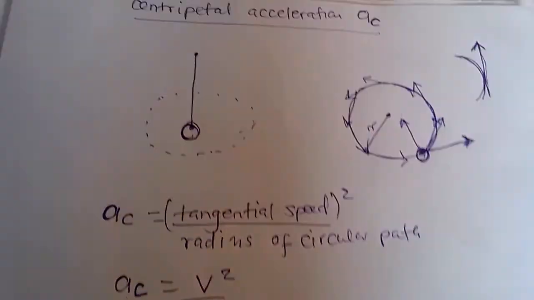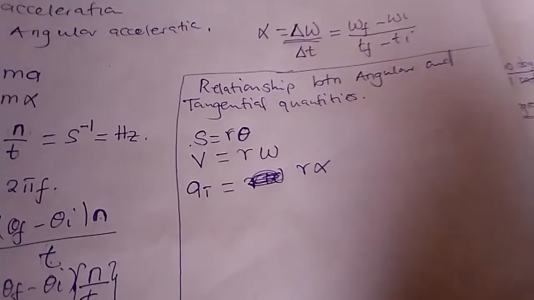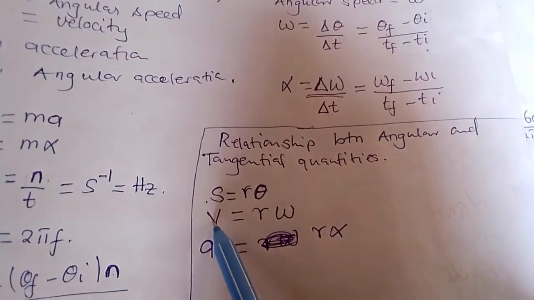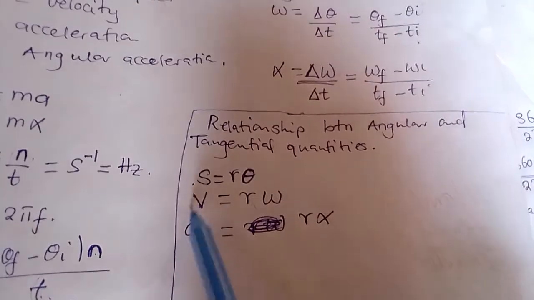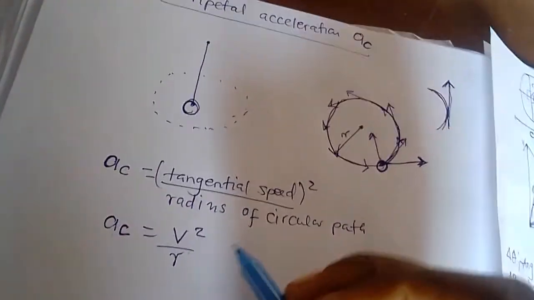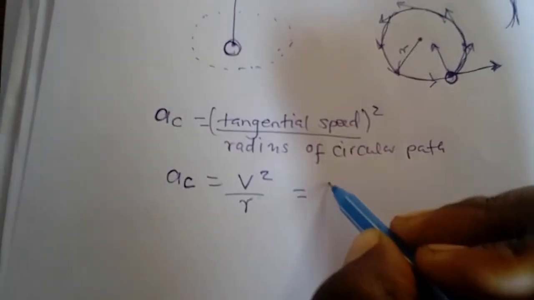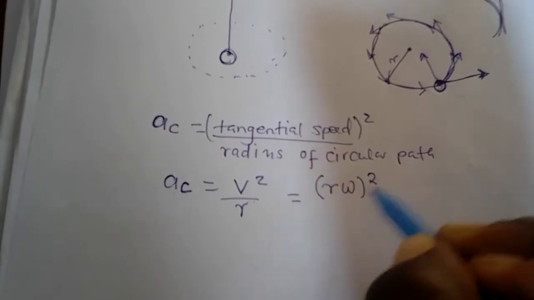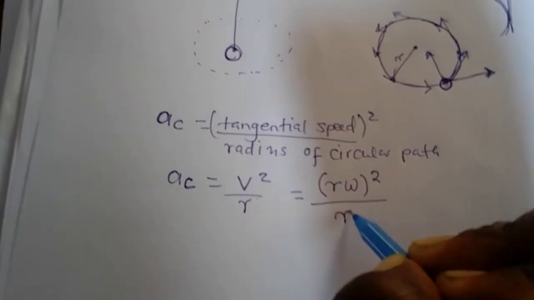But from the work that we've just done here, the relationship between tangential speed and angular speed is v equals r omega. So we can substitute this in, so that we'll have r omega, which is the angular speed, all squared, divided by r.